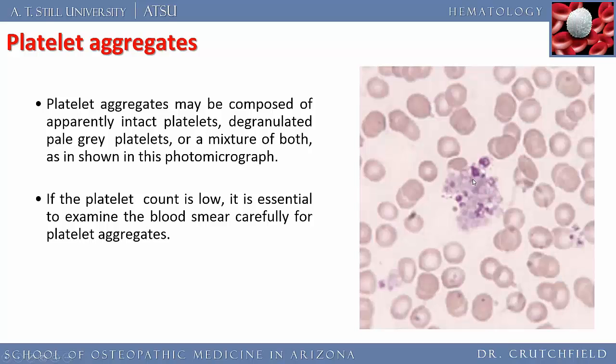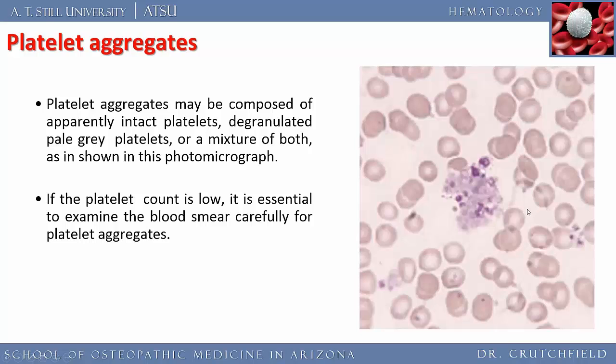And the problem is you're going to come back, and the platelet count's going to be low, which makes sense in somebody perhaps who's bleeding, trying to stop the bleeding. Everything's aggregating. So it's essential to look at these peripheral smears to see if you have platelet aggregates, which is accounting for the reason that your platelet count is low.